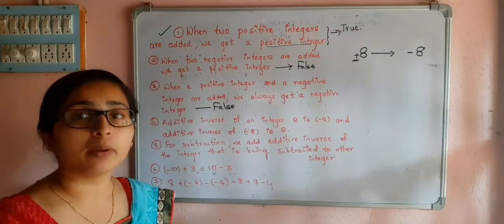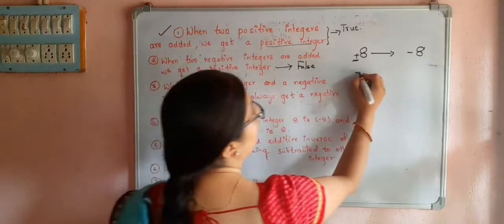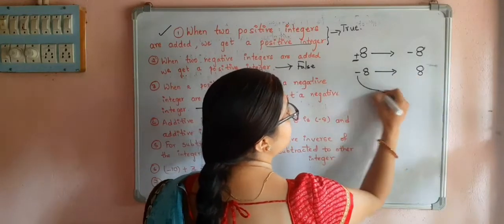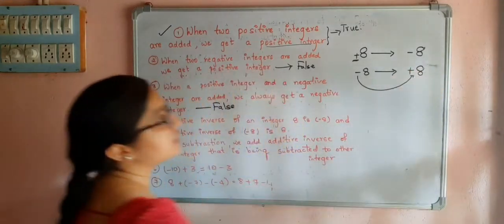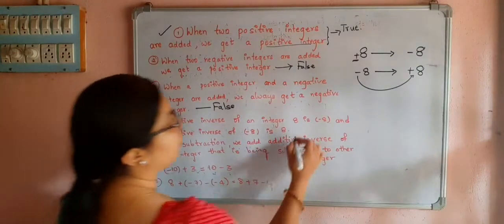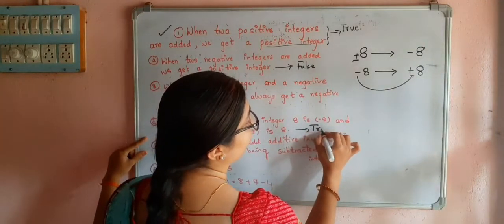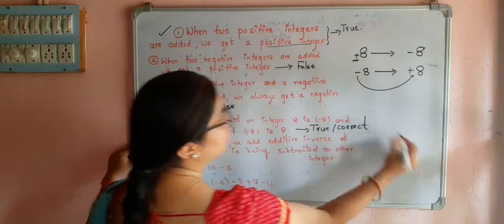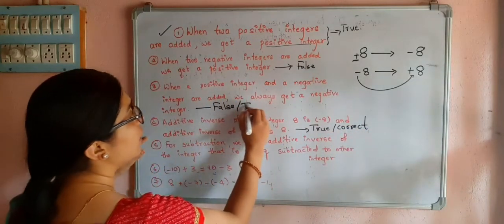So it will be minus 8. And if you have minus 8, you will write the 8 as it is, and you will change the sign here, that is plus 8. So this is true or correct. This is false or incorrect.